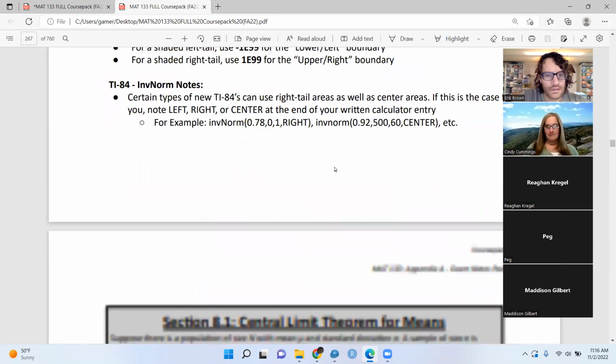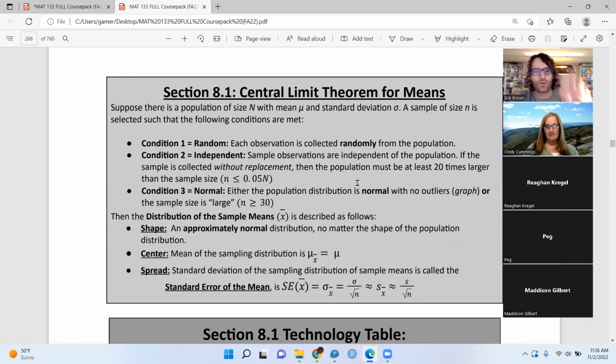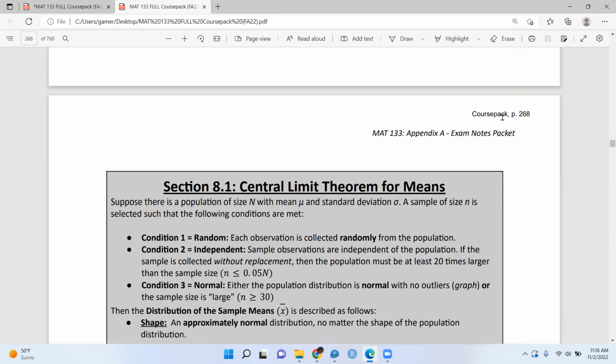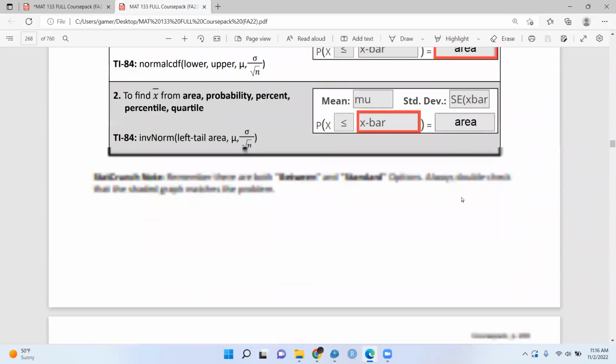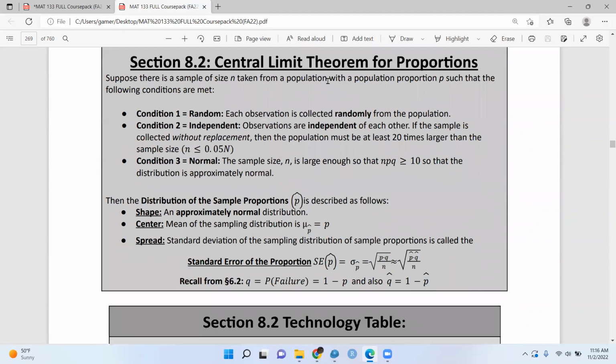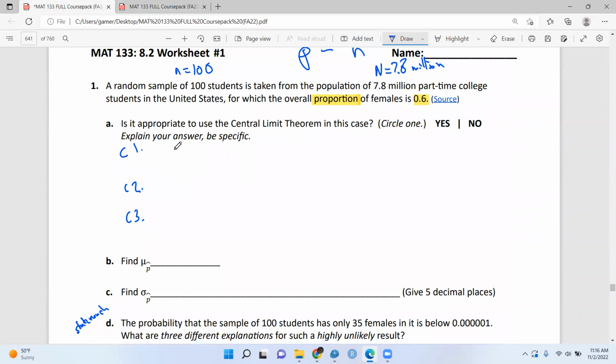As I said the other time, I would encourage you to use the reference sheet as you work through these. So we're on 8.2, the central limit theorem for proportions. The three things that we're trying to show are random, independence, and normal. And then probably the shape is going to follow from that. So what did you all say for random?